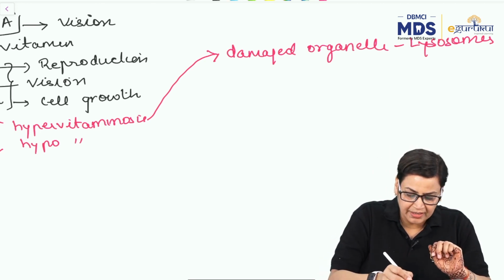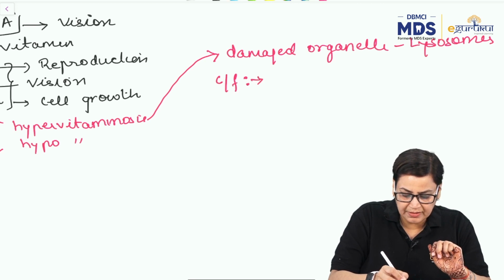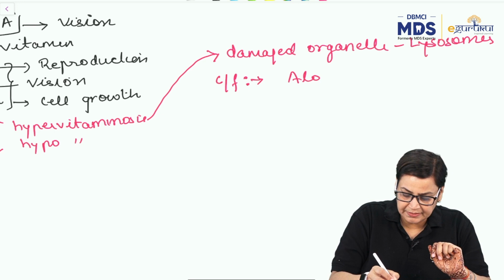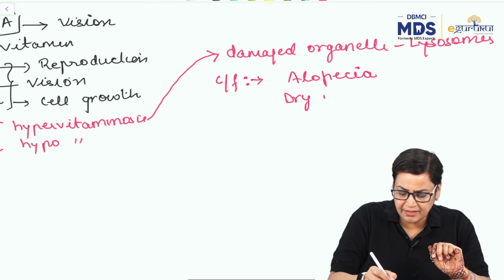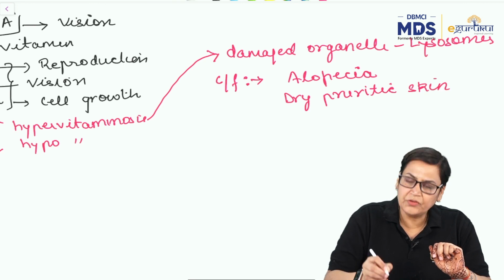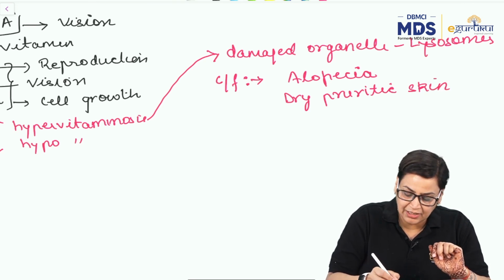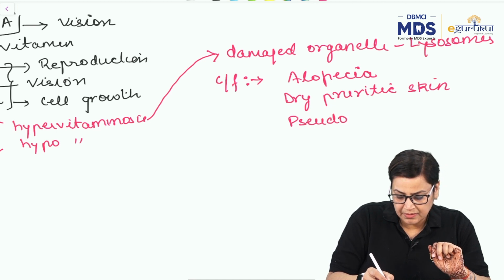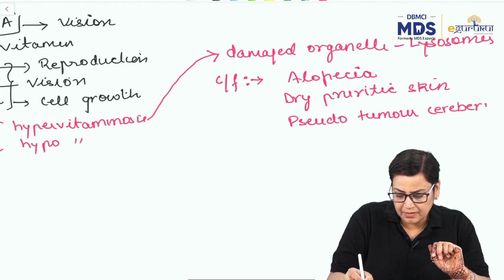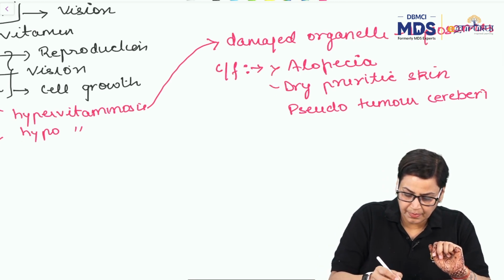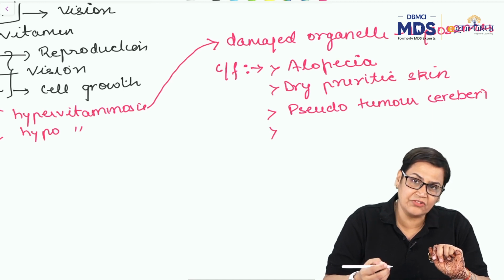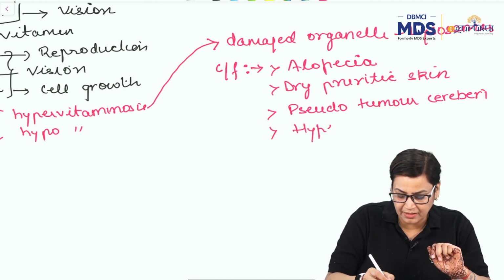And it leads to what? The clinical features include alopecia, then dry pruritic skin, right? Then hypervitaminosis can lead to pseudotumor cerebri, and then it can lead to increased concentration of TGs leading to hyperlipidemia.